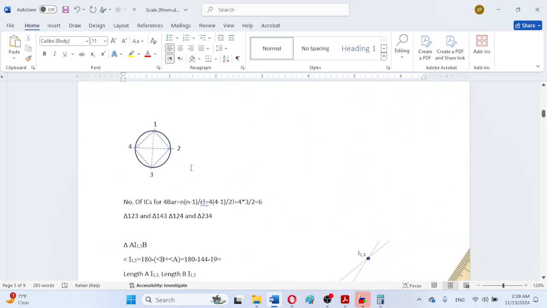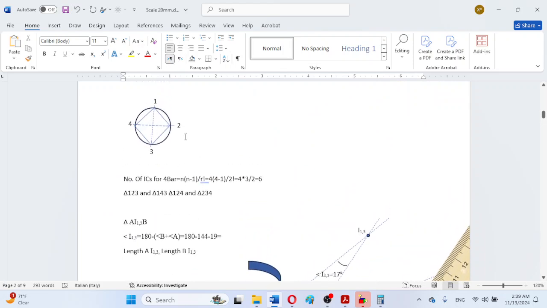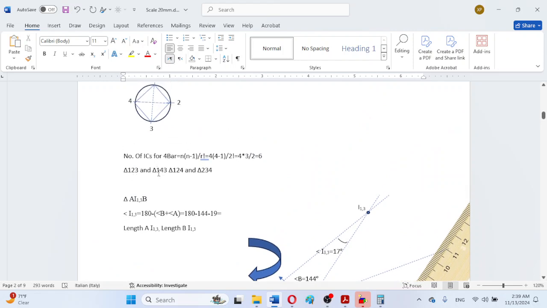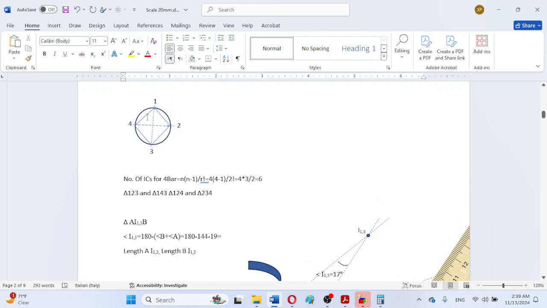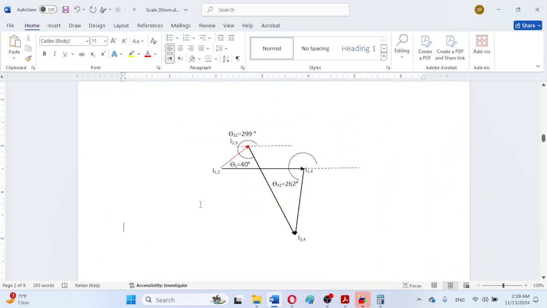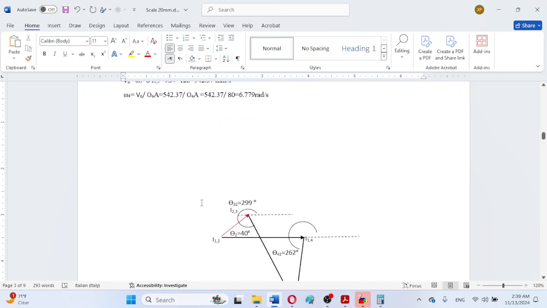So the line graph is the same here because there are 4 links, and the line graph will be shown exactly like this. In a similar manner you can use the triangles or trios 1 2 3 and 1 3 4 or 1 4 3 and other triangles. I will be elaborating that.